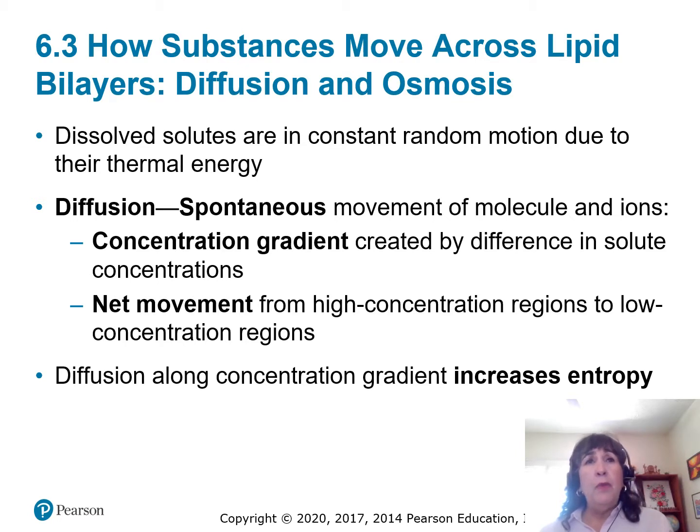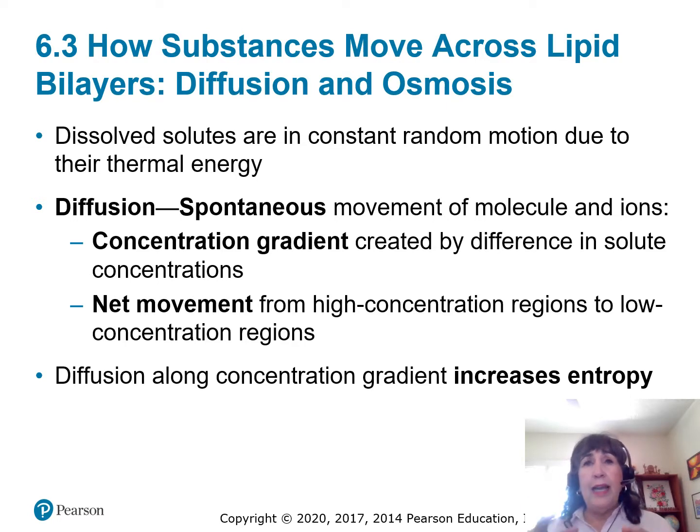So one of these movements is called diffusion. What is diffusion? It's the spontaneous movement of molecules or ions, and it moves along a concentration gradient created by the difference in solute concentration. So there's a net movement from a high concentration to a low concentration. Oftentimes I think of molecules like balls on a billiard table.